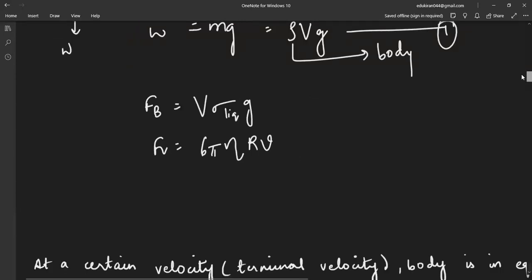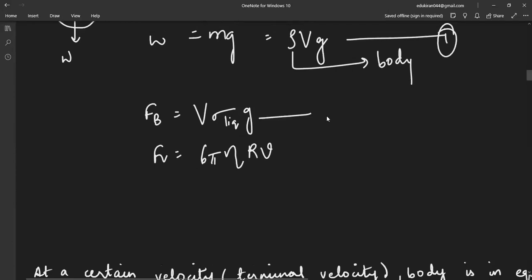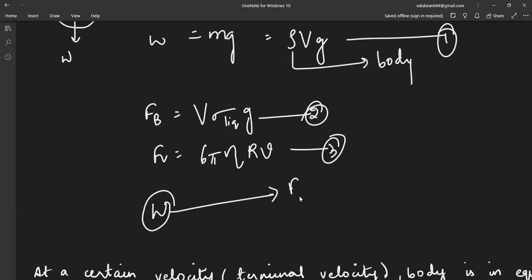Now we'll combine all these. This is the second equation, this is the third equation. These are all the three equations that we have. Now see, your weight alone is balancing the buoyant force and the viscous force.